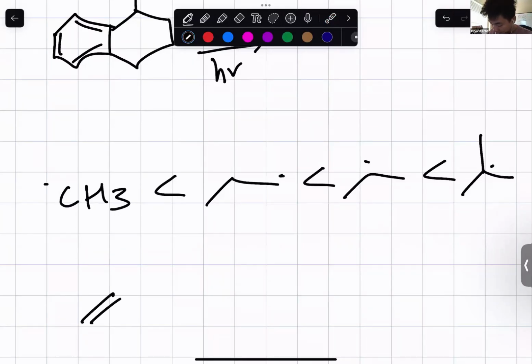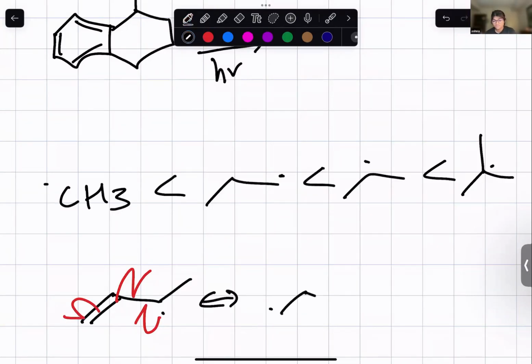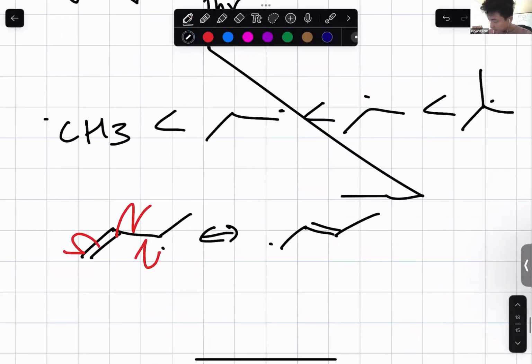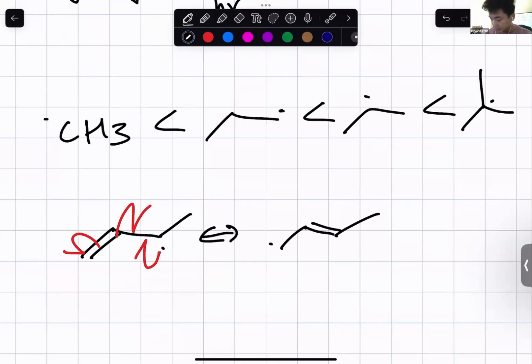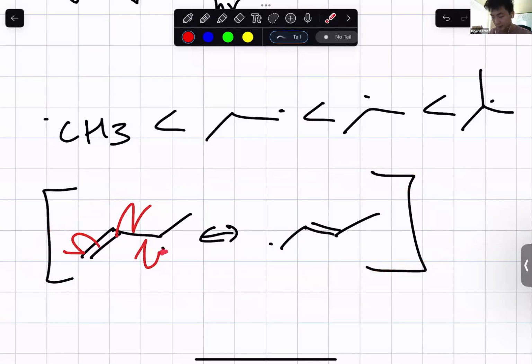So let's say we have a double bond right there, and we have a radical right here. This radical can do resonance with this double bond like this. And resonance is a more powerful factor than hyperconjugation. So if a radical can do resonance, it's the most stable.